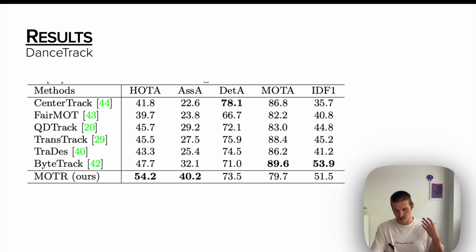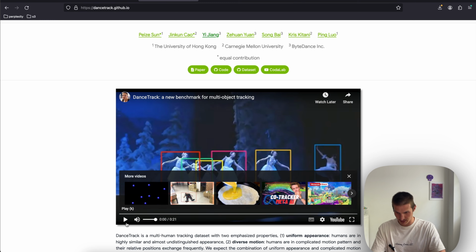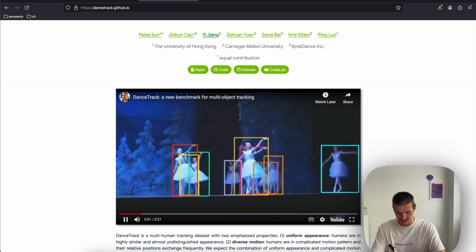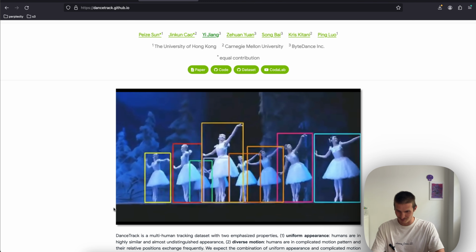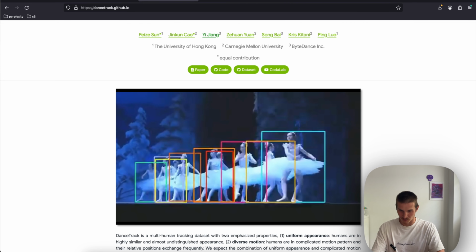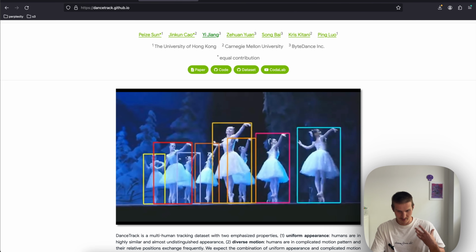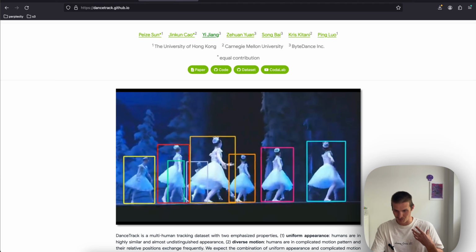MOTR authors also evaluated the model on some other datasets. On one of them called DanceTrack, this is how DanceTrack looks. Pretty much, as you'd guess, object tracking of people dancing, which might be more challenging for heuristic-based object trackers because of the variety of motion and poses.